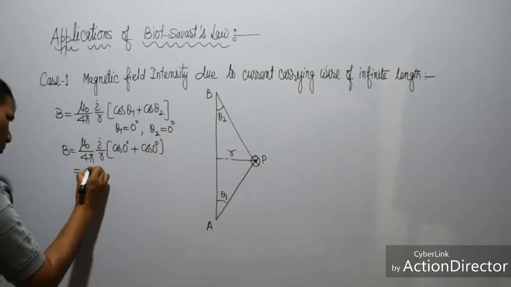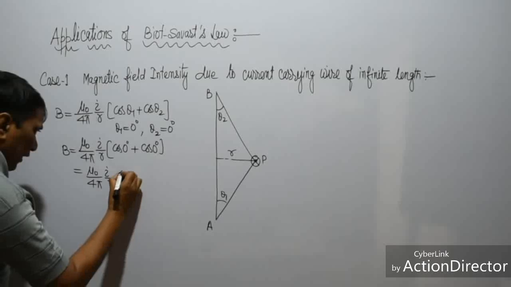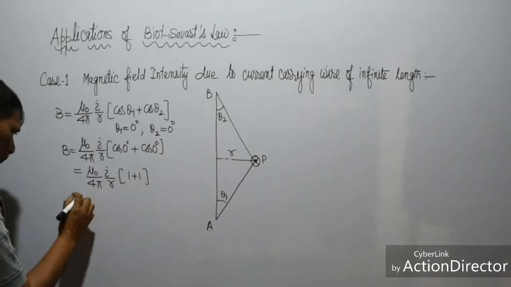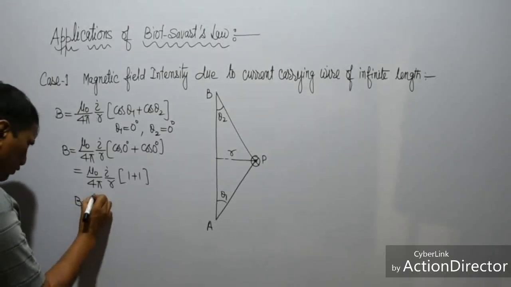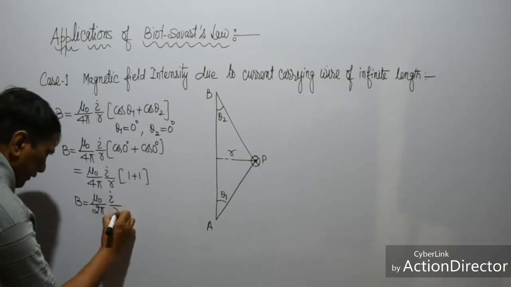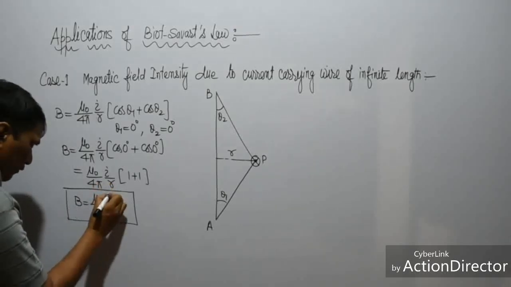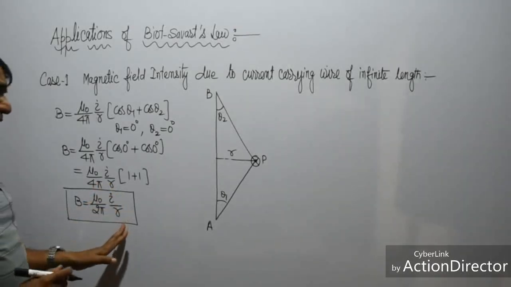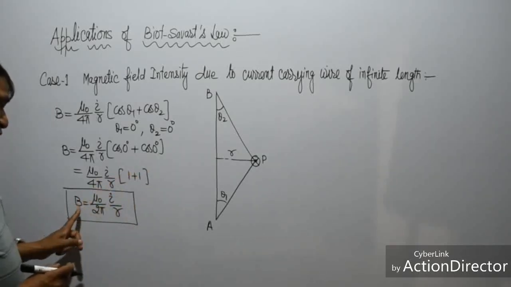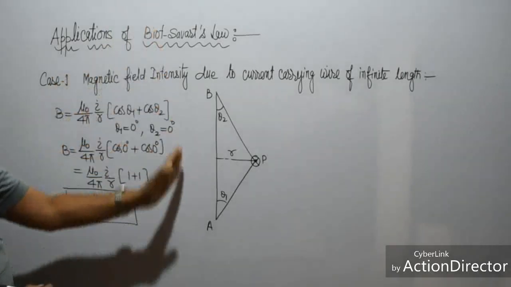So it is equal to mu 0 upon 4 pi I upon r times 2, and this 2 cancels with the 4, so we have mu 0 upon 2 pi I upon r. This is the formula for the magnetic field intensity at a point P at a distance r from a current carrying wire of infinite length.